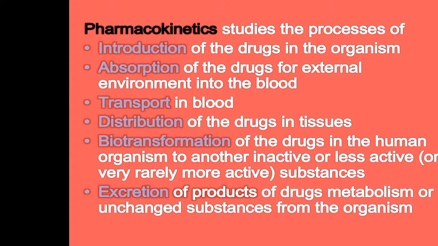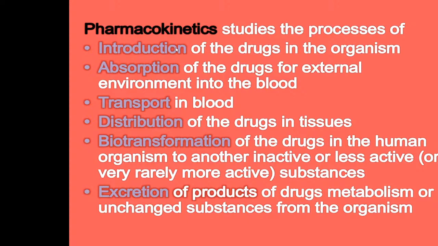In the beginning of the lecture, I told you that pharmacology includes two parts, pharmacokinetics and pharmacodynamics. So pharmacokinetics studies the following processes happening with the drug within the organism. First of all, the drug should be introduced by a special route or method. So, introduction.